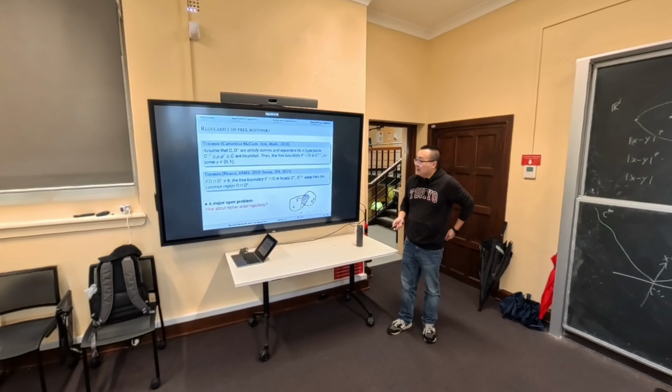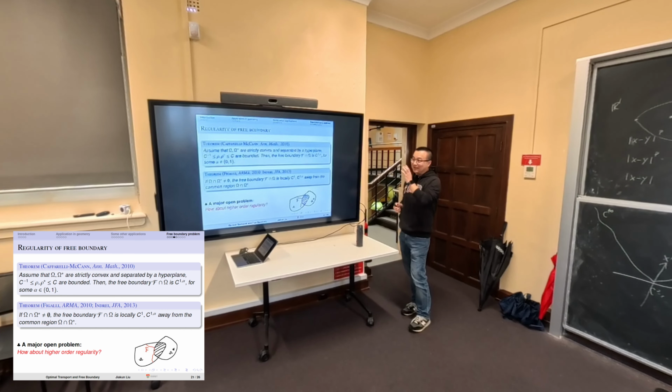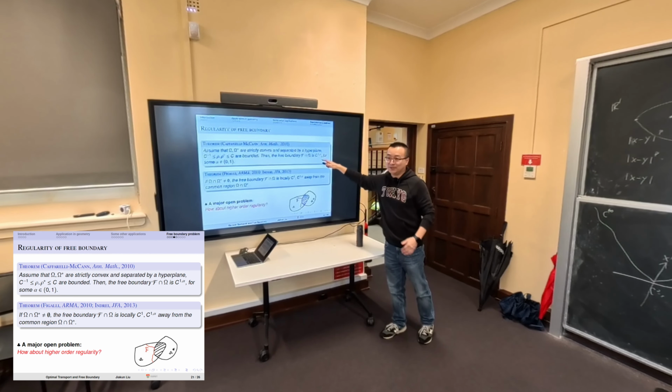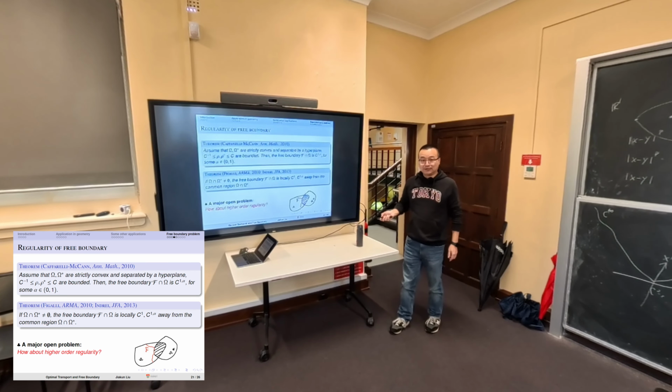Now the question is, how about higher order regularity? Because as I mentioned, our research area is second order elliptic PDE, so we always expect C2 alpha, because C2 alpha is the ideal one. Once you have that one, you can go to C infinity. But C1 alpha is a little bit lower. So the question is, how can we prove the higher order regularity?